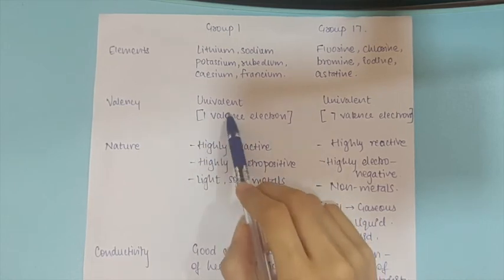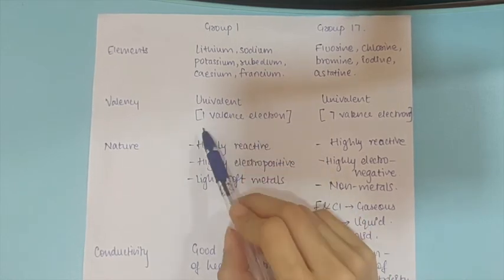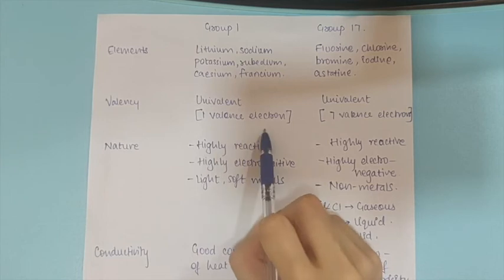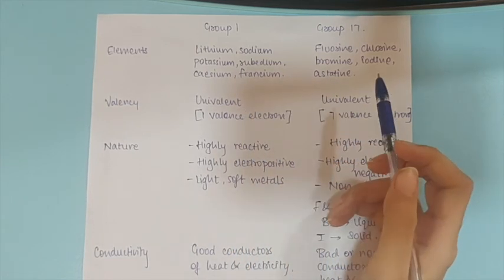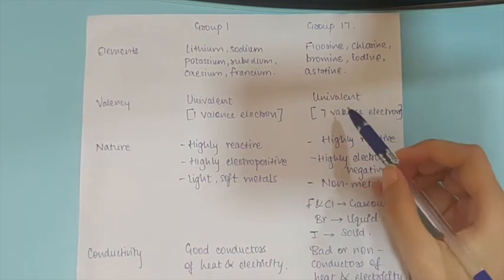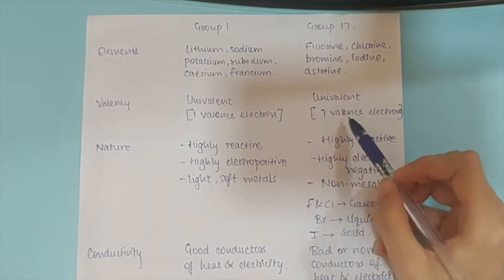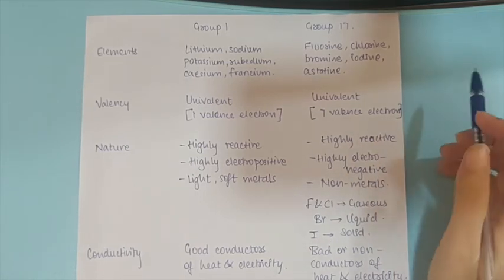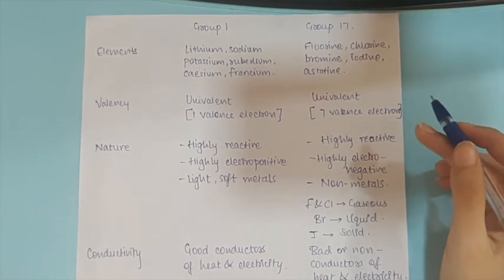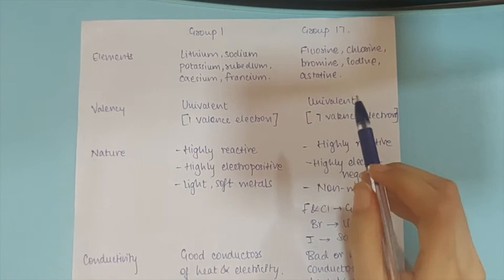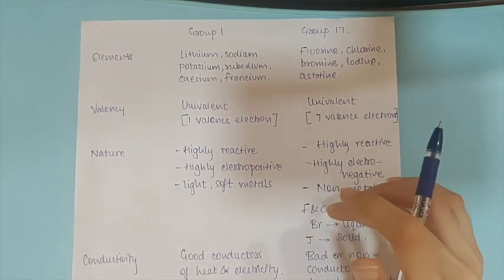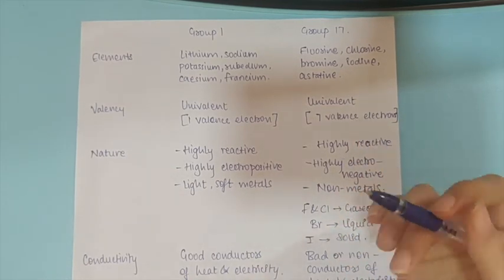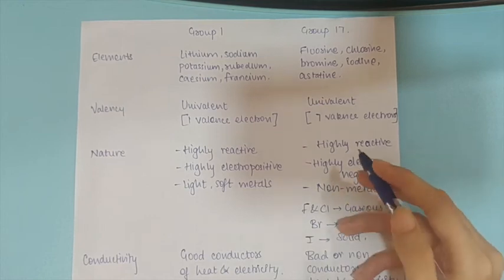That means it's univalent, which means that it has one valence electron in the outermost orbit. And in group 17, the valency is again univalent, but here they have 7 valence electrons. But why is it called univalent? It's because it can gain one electron to get the stable electronic configuration.